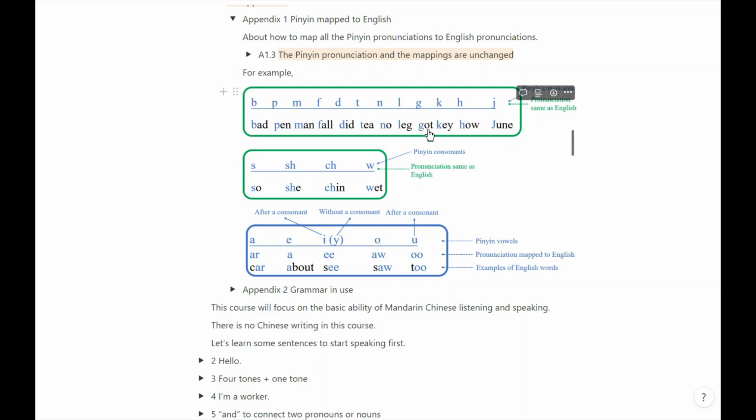In the green box, these pinyin letters will have the same pronunciation as English. For example, this B is the same as the pronunciation in the English word bed, and S has the same pronunciation as in the English word so.